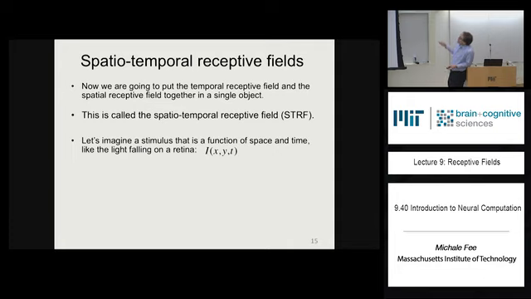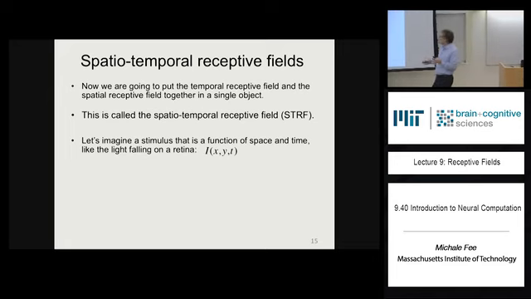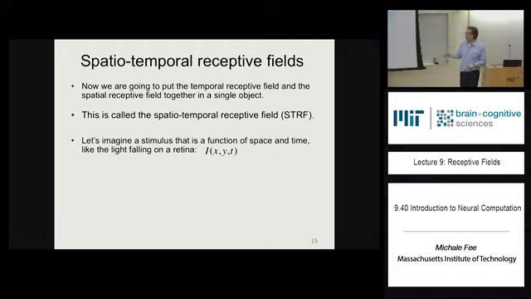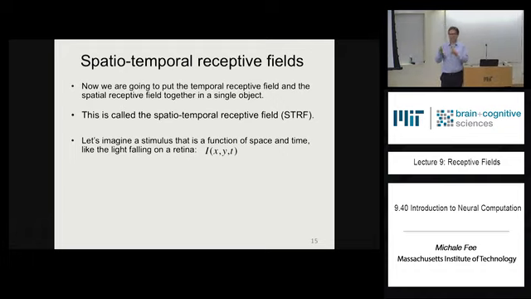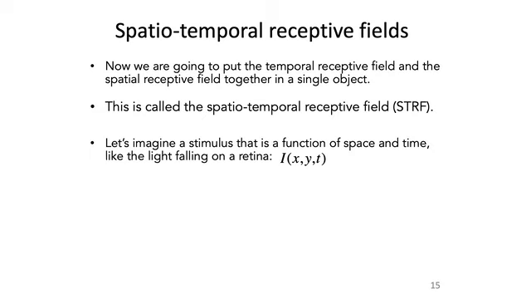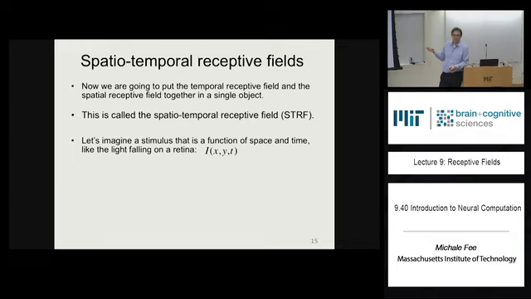In general, when you have a visual stimulus, it depends on x and y, coordinates in the retina, and time. I of x and y would be like a still image presented to you. I of x, y, and t is, you know, any movie can be written like that. Your favorite movie is just some function of I of x, y, and t.